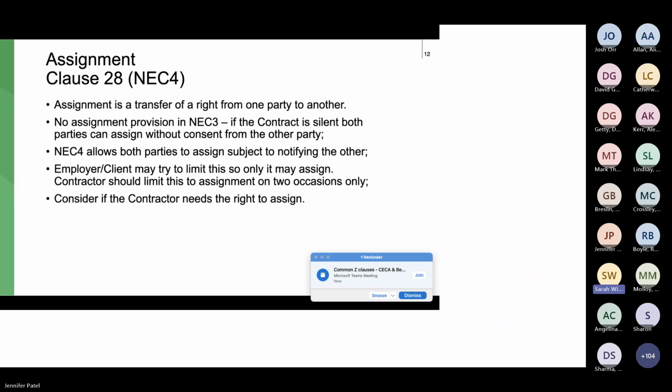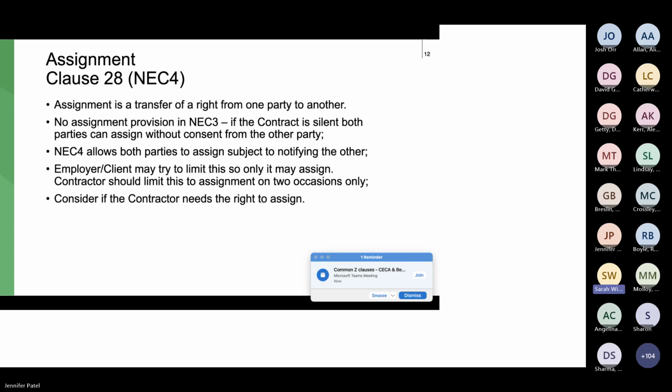Similar provisions are included in JCT, in the Schedule of Amendments, and typically it allows the client, the employer, to assign the contract, but it prevents the contractor from doing so, or it might let the contractor assign, but on limited occasions.